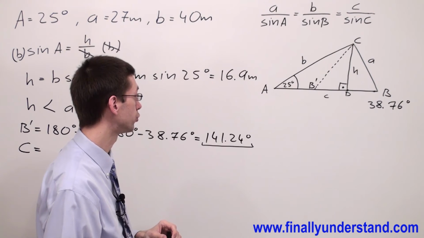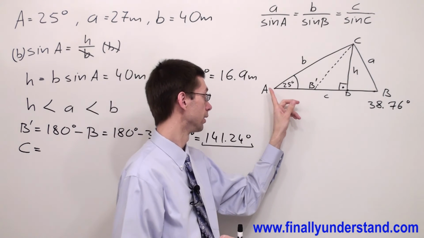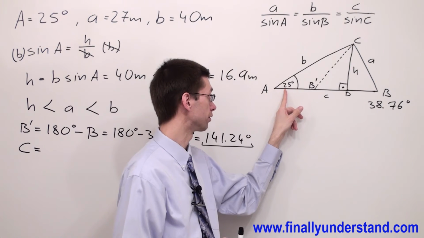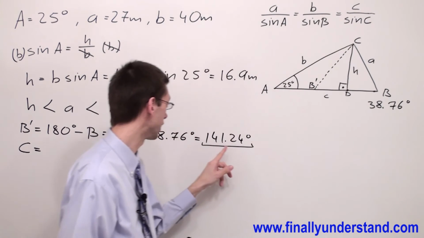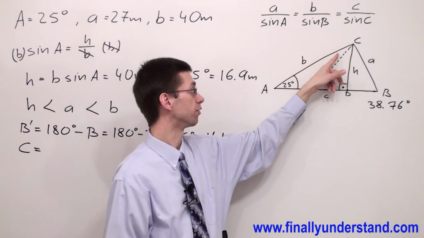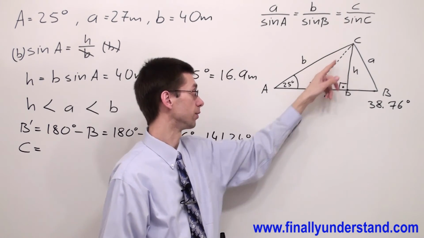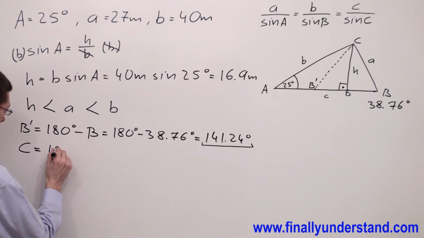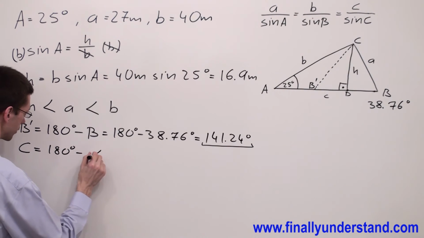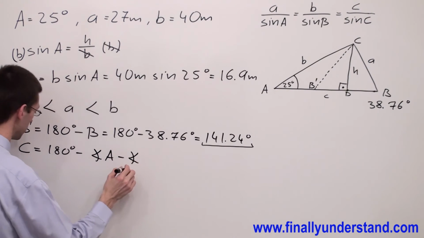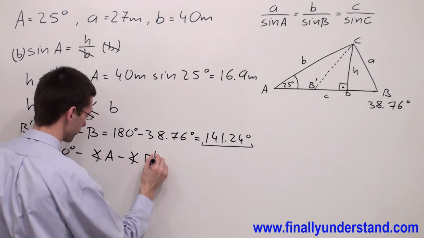So if I have angle A equal to 25 degrees and B prime equal to 141.24 degrees, I can very easily find angle C. So angle C is equal to 180 degrees minus angle A minus angle B prime.